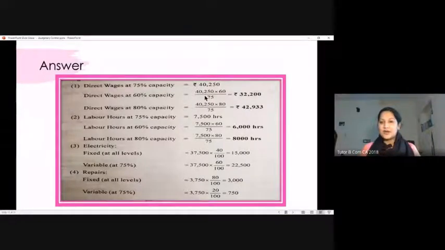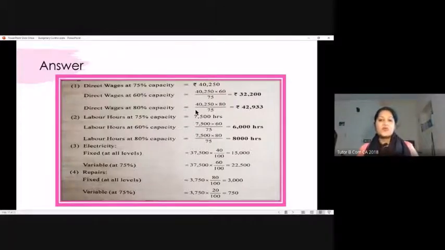That's why we have done 40,250 divided by 75 into 60. If 1 rupee is 475, then what is it for 60? That's what we normally do. It's mathematics. So 40,250 by 75 into 60 will give us the wages expense for 60% capacity. In the same way, we can find out for 80%.